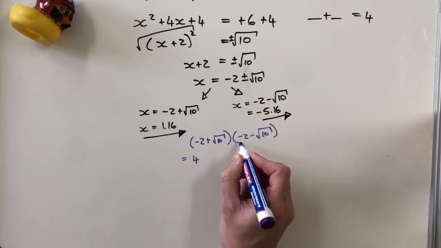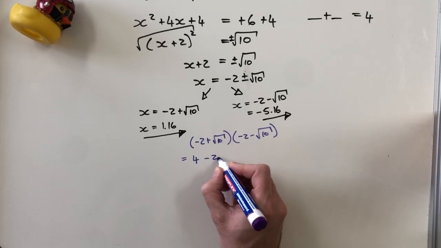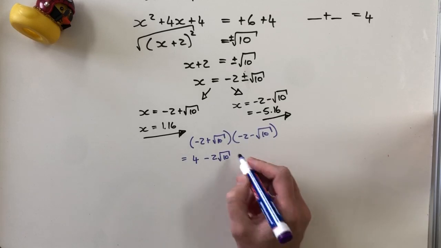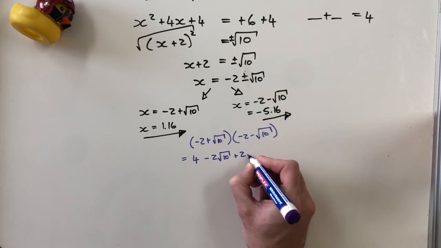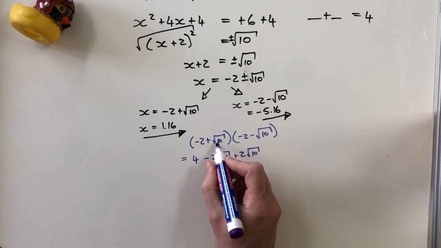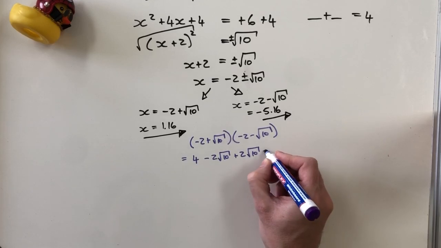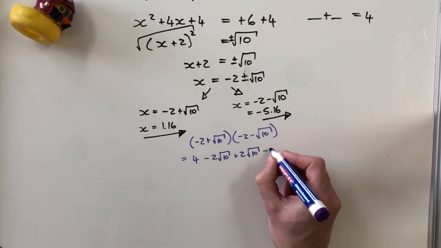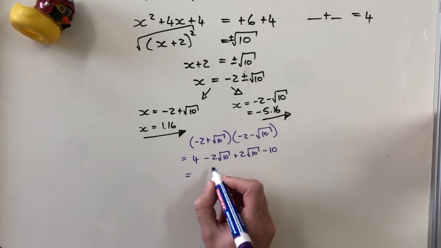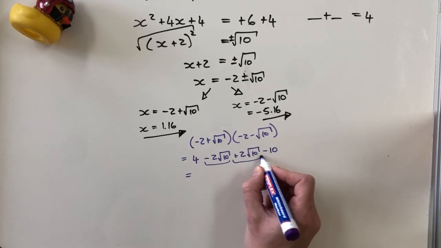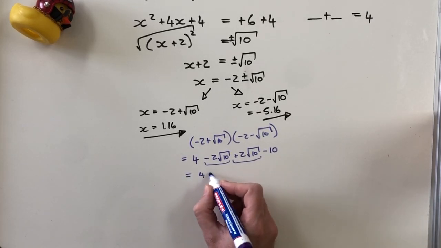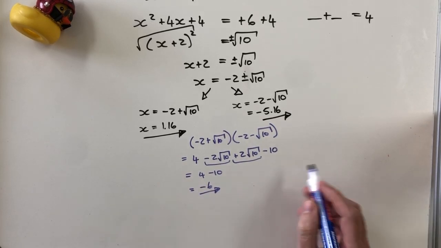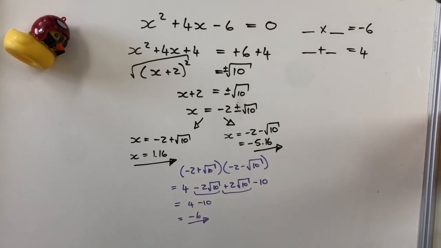Then -2 times the square root of 10, and +2 times the square root of 10. Last, a negative, and the square root of 10 times the square root of 10 becomes 10. The middle parts cancel each other out, so I'm left with 4 minus 10, which is -6. So the two numbers did exist.